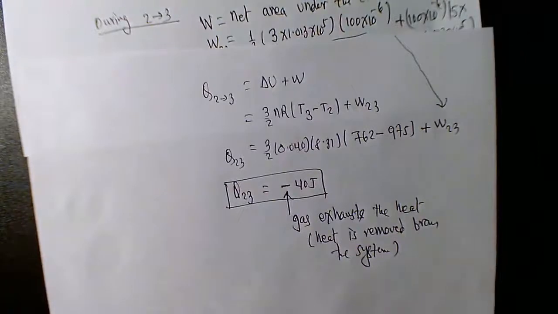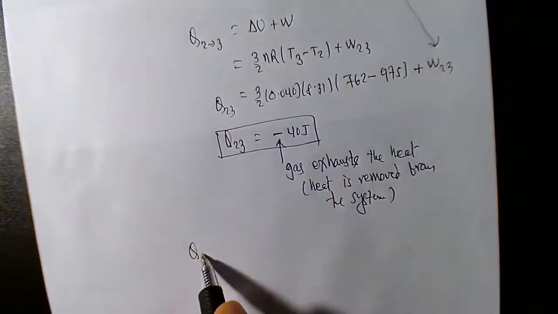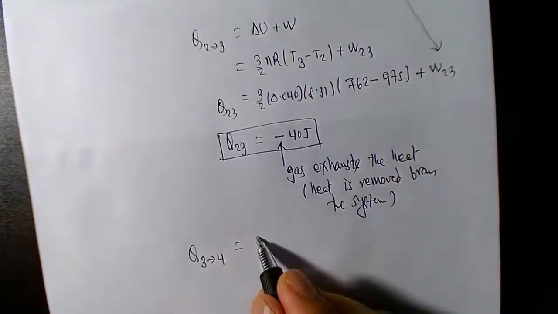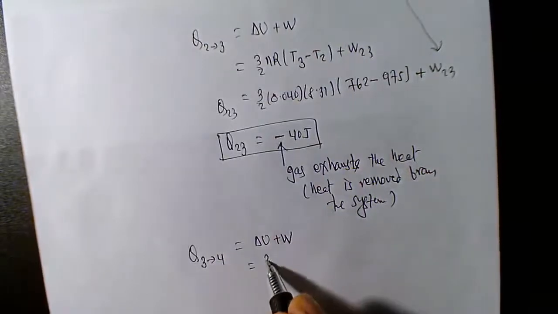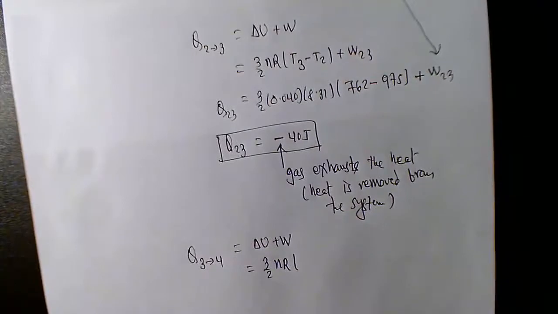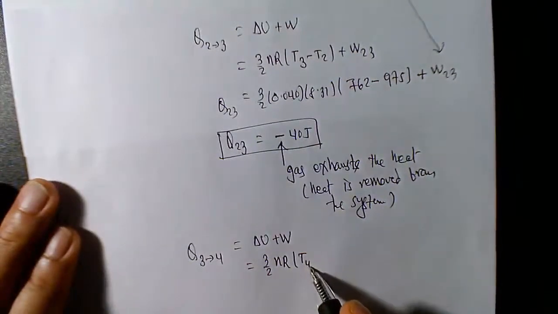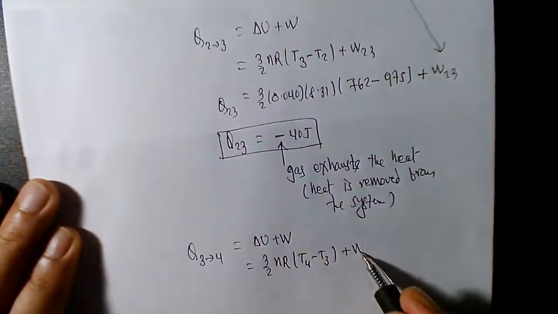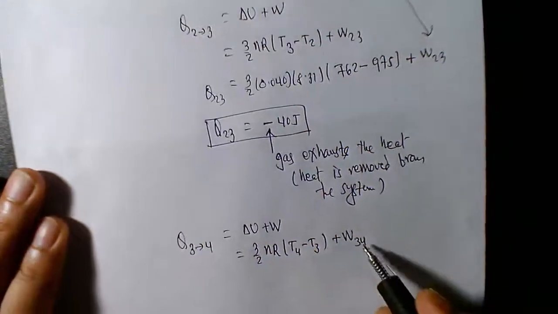Okay, I'm asking you one more thing: the Q34 process. Again you need delta U plus W, which means 3/2 nR times the change in temperature. You're going from 3 to 4, so your final state is 4. So temperature at 4 minus temperature at 3, plus the work done during 3-4, which is a compression.